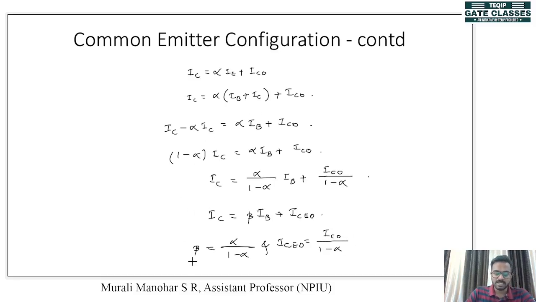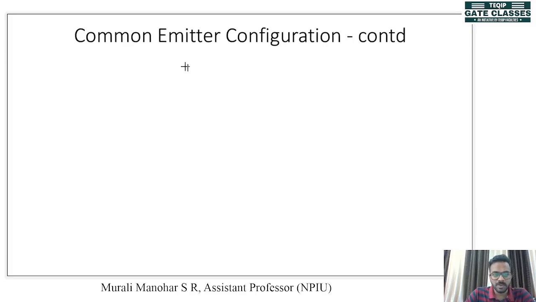Now beta is called the current gain in common emitter configuration, and ICEO is the collector current when base current is equal to 0. Now we know that ICEO will have a very low value, so we can approximate IC as equal to beta IB. In this case, beta will be equal to IC divided by IB.